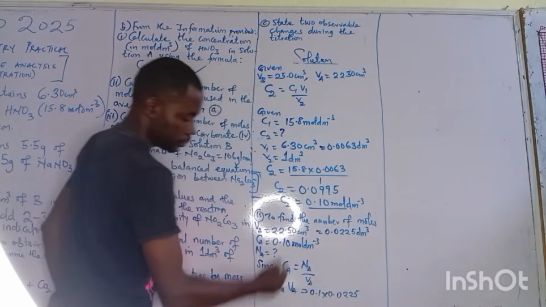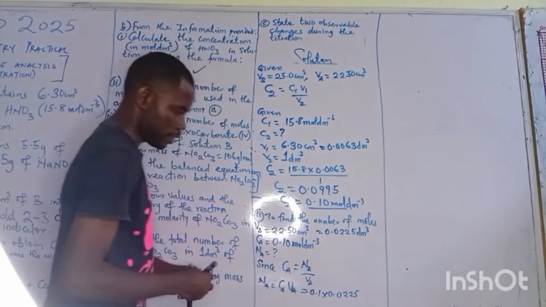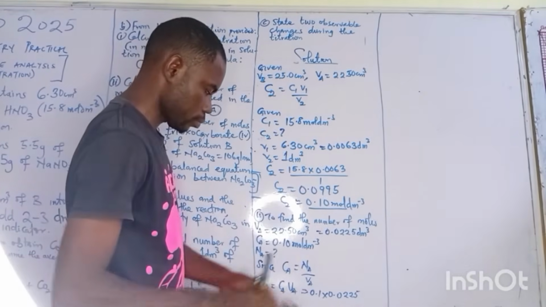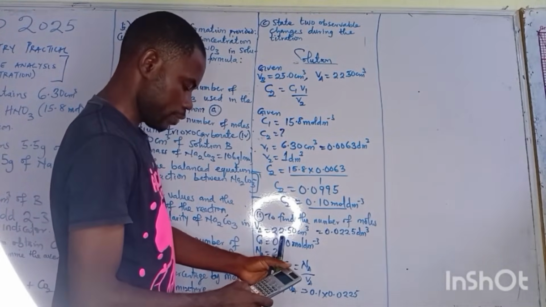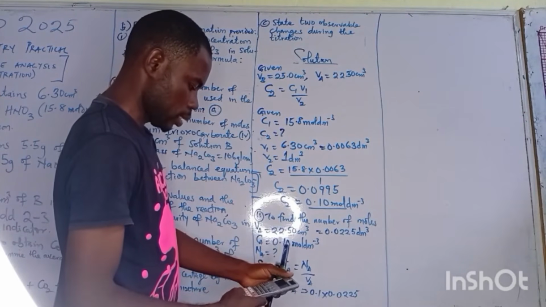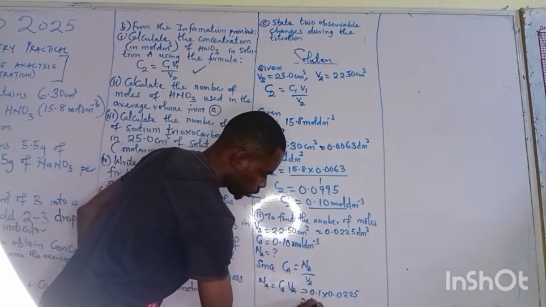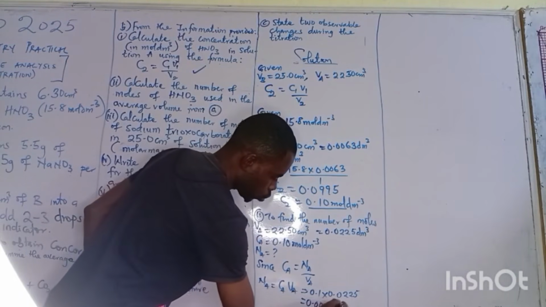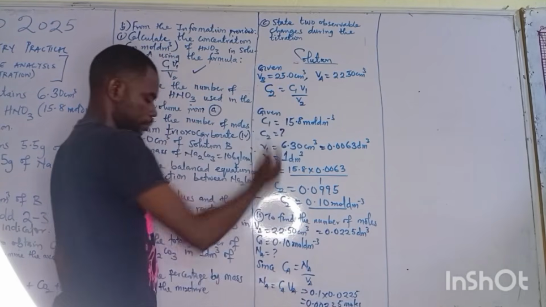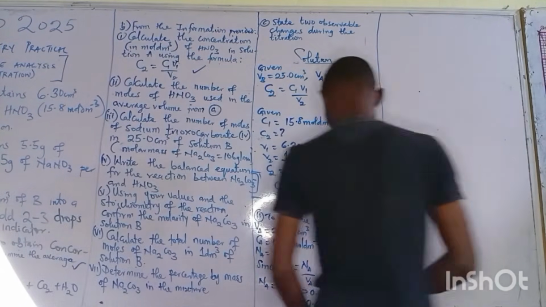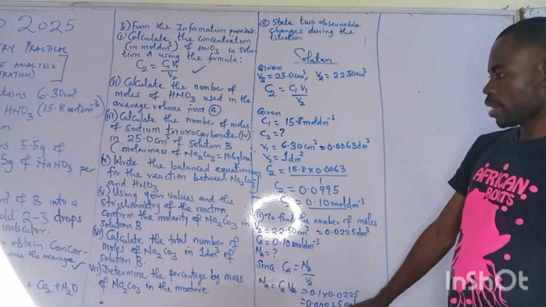I don't know if my camera can pick it up. So from there, if I multiply that, I'm having 0.00225 moles. I could reduce it to 3, but if I don't need to reduce it, I will leave it like this. My number of moles is achieved.